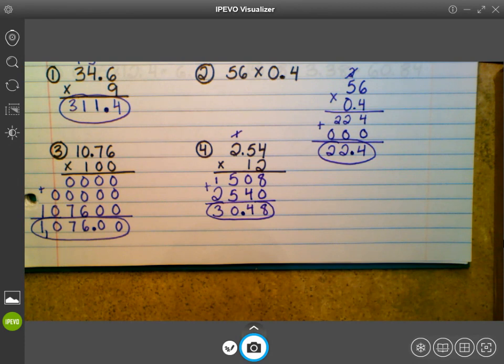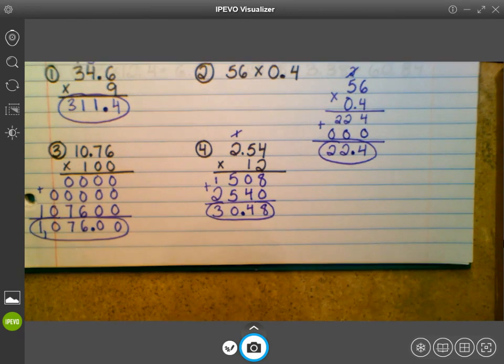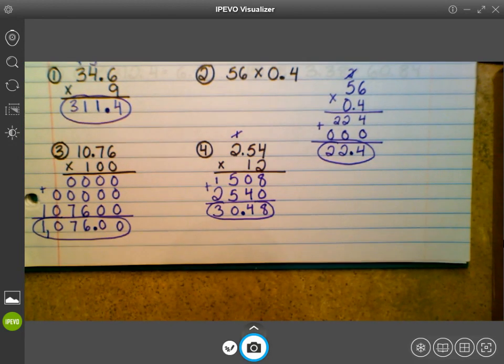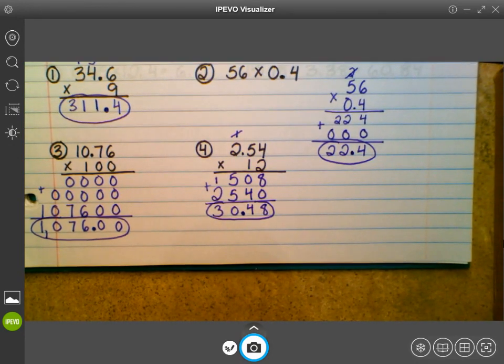All right, ready to rock? So 5th grade, in your math workbook, you are going to open up to page 187. So 187.